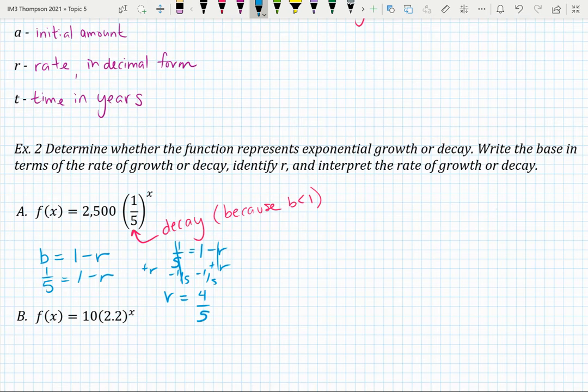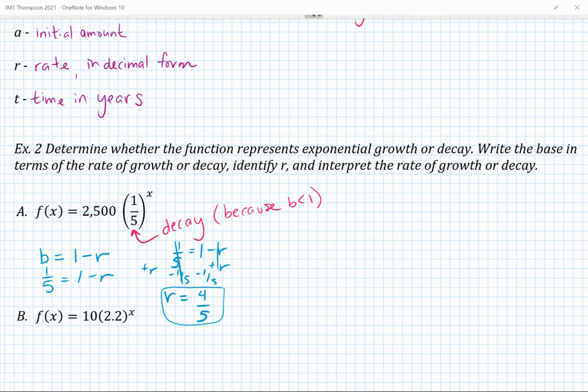This part of the direction says, write the base in terms of rate of growth or decay. That's this. Identify r. r is 4/5. Then it says to interpret the rate of growth or decay. So we already said this was decay. Change this into a percentage.